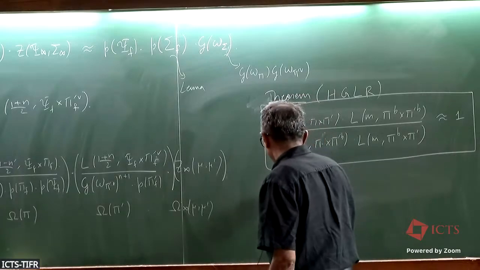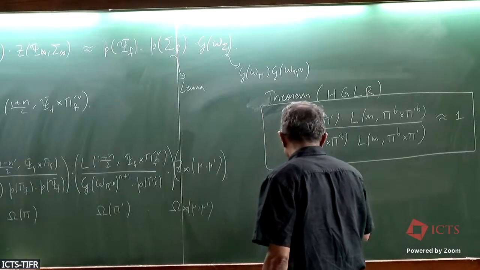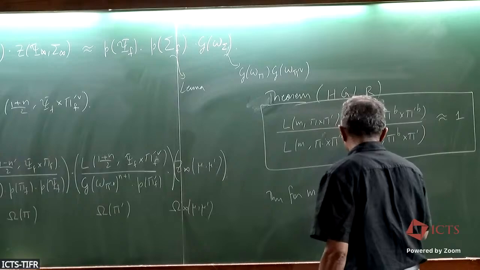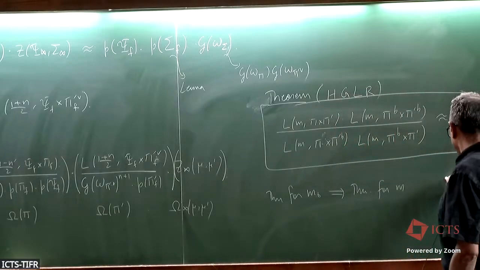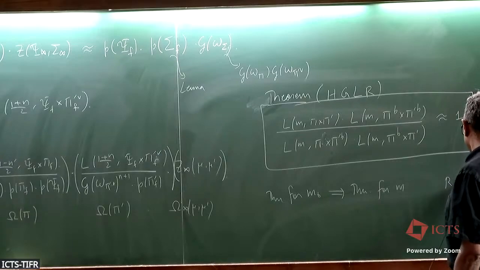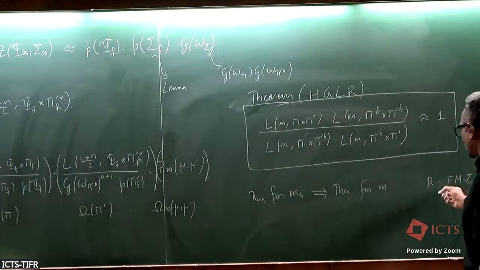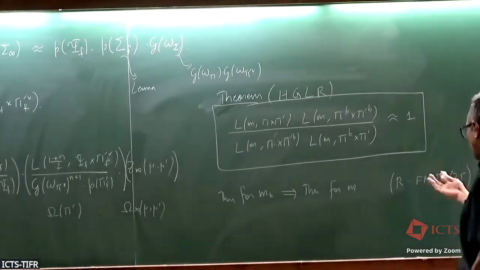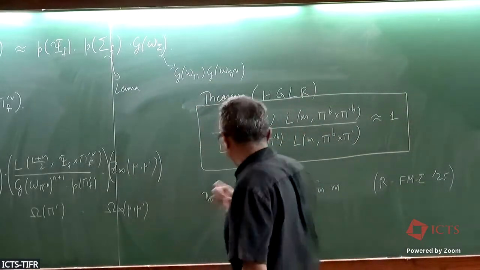So the theorem for M0 implies the theorem for any critical point, and this uses my Forum Math Sigma paper. This is my sequel to the book with Harder, where I worked with Eisenstein cohomology for GLN over a totally imaginary field, in particular applies to a CM field.